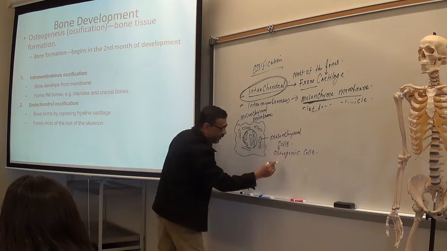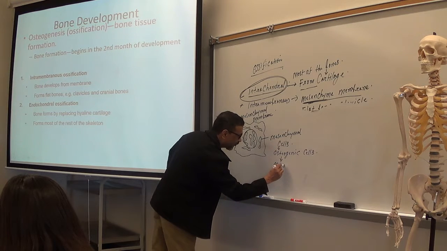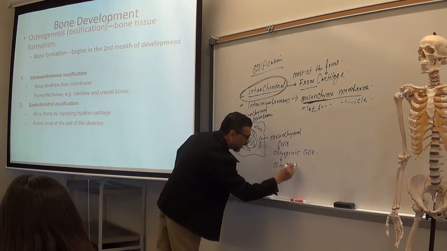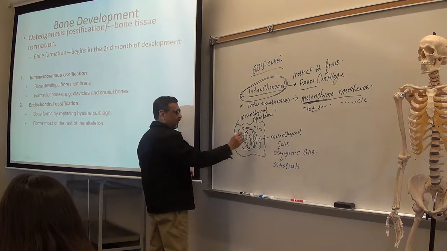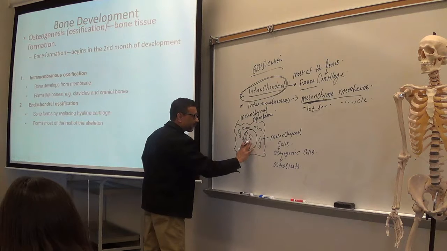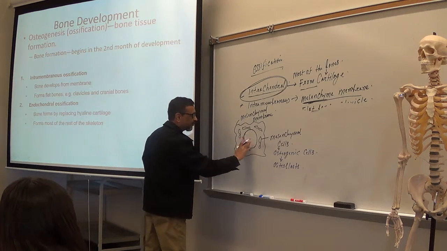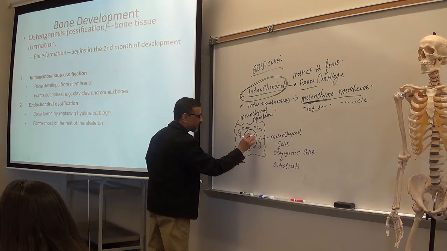Same way actually, and osteogenic cells become osteoblasts. So now these cells turn to what? Osteoblasts. So these are osteoblasts.